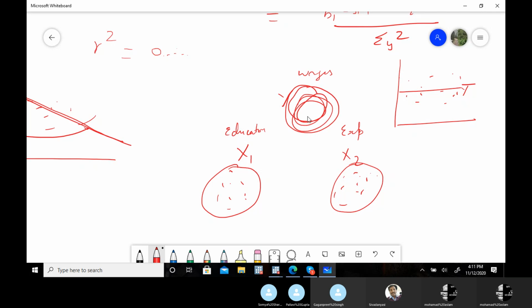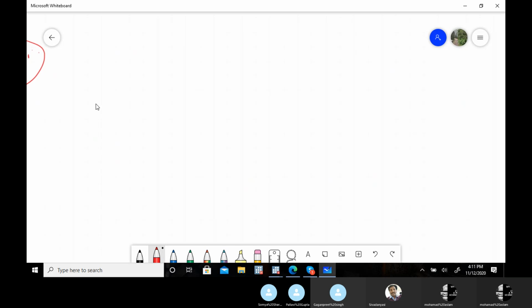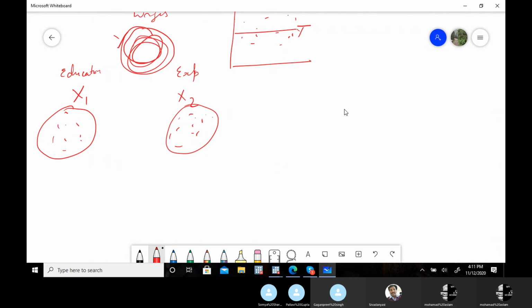Like if I put it in form of Venn diagram, this is y. This is x1. This is x2. So this common variation is the explained variation, divided by total variation of y.